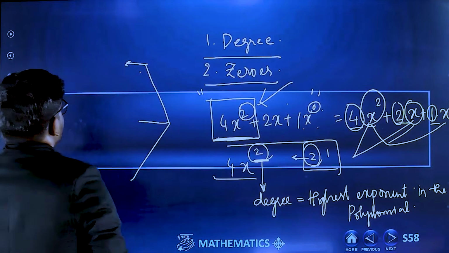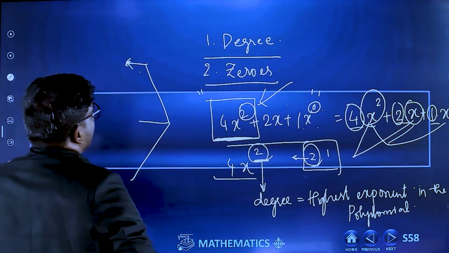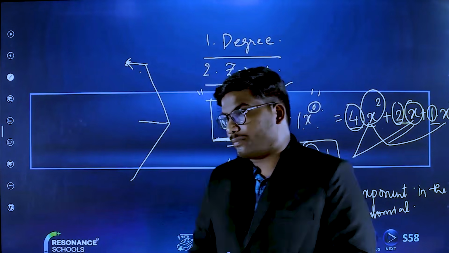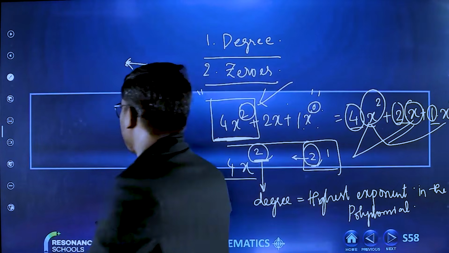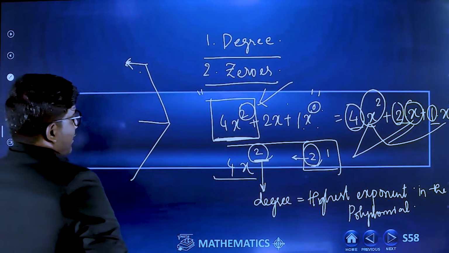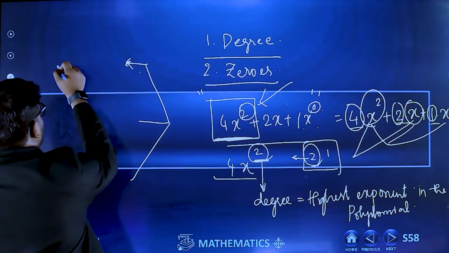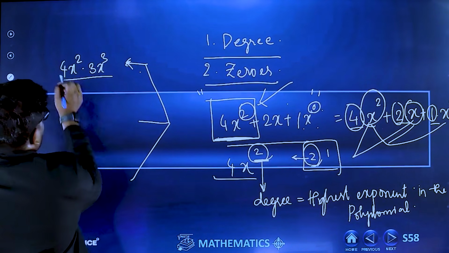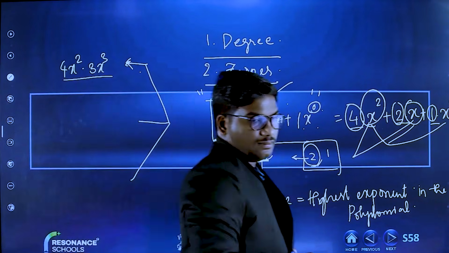Now, we'll try to understand different formations of polynomials to get a clear idea of degree. Say I have 4x square into 3x cube. What is the degree of this term?